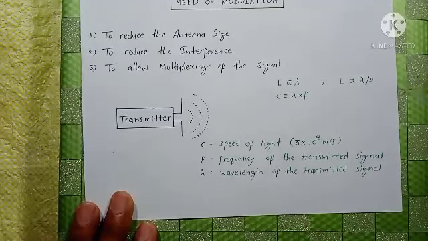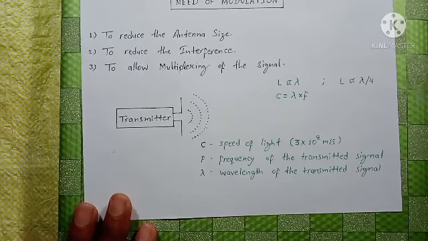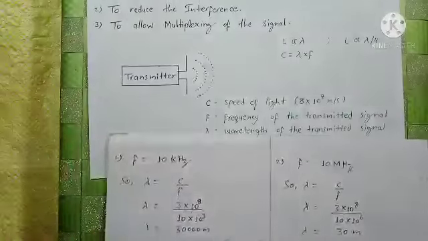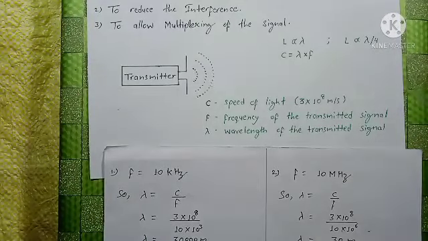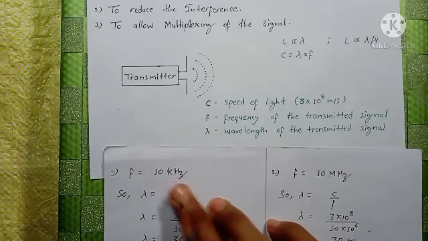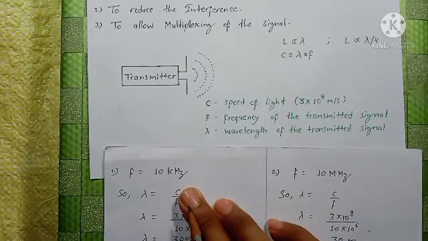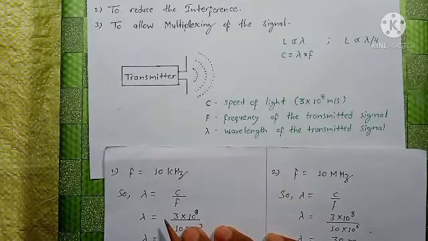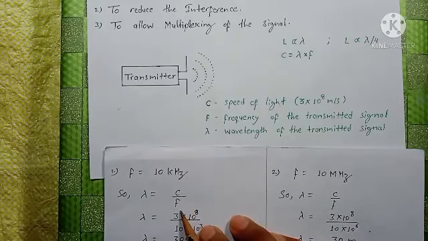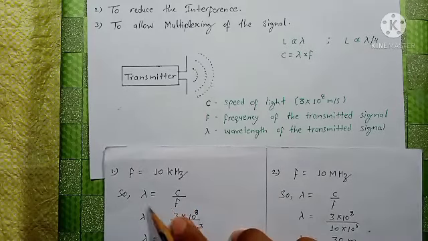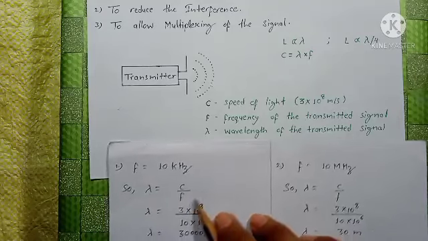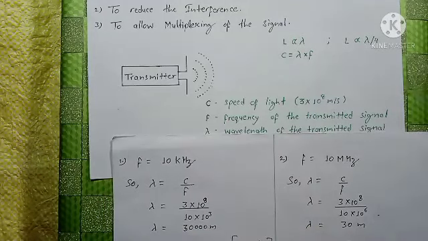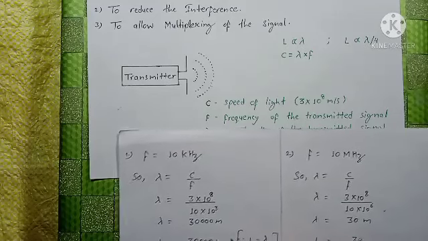For example, if the transmitted signal has a frequency of 10 kilohertz, then its wavelength will be equal to C divided by F, so lambda comes out to 30,000 meters.